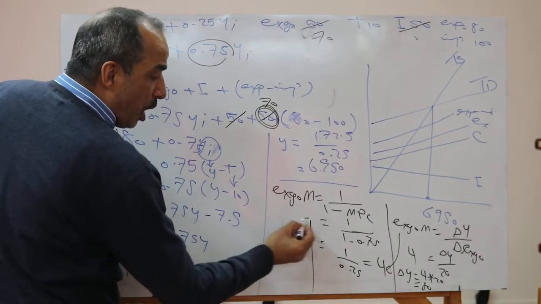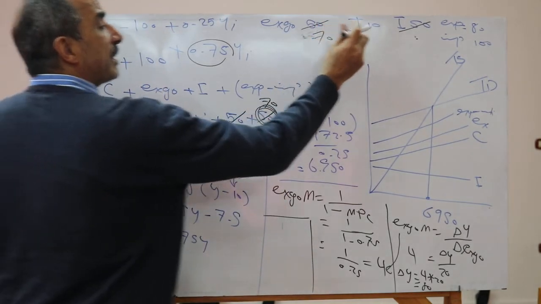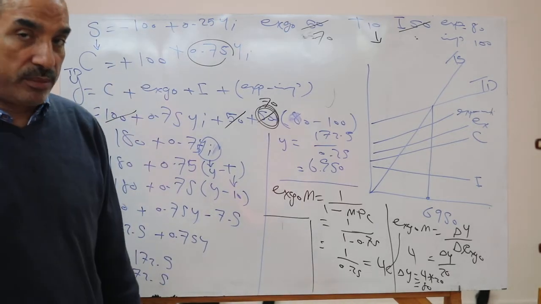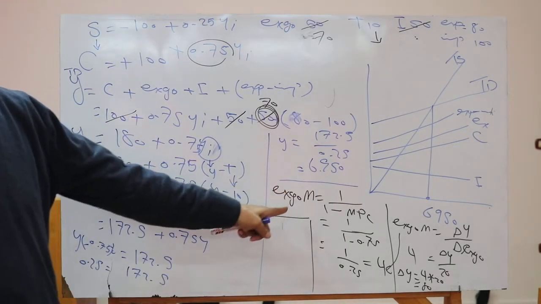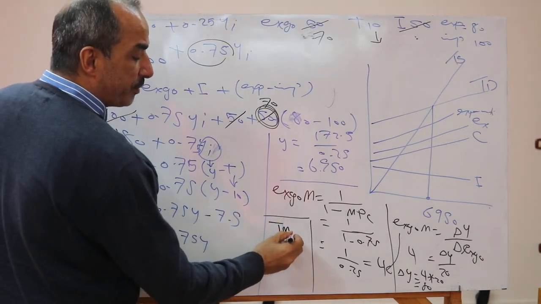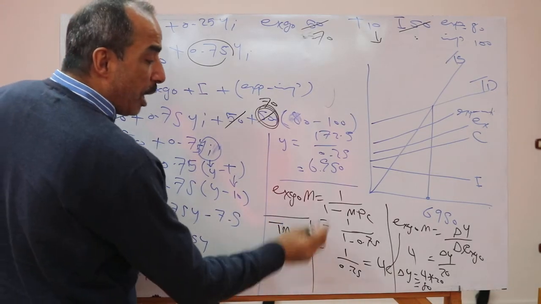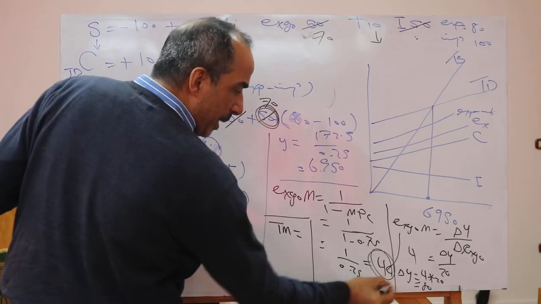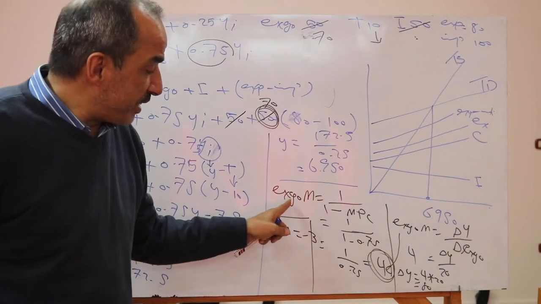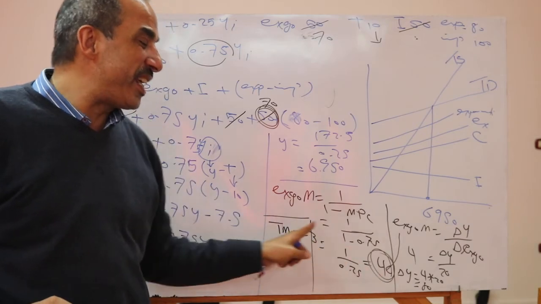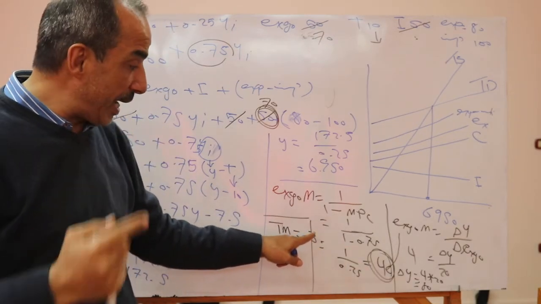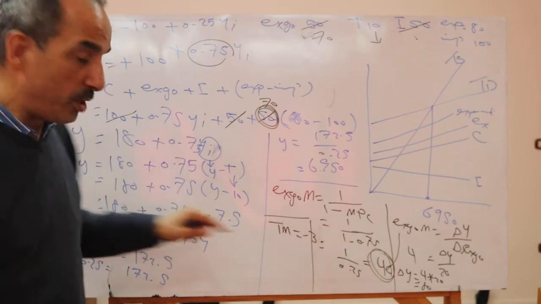Once we want to decrease the taxes by $10 million, now we will find taxes multiplier. Tax multiplier must be equal minus 3. Why? Expenditure government multiplier must be more than tax multiplier by 1 unit and must be negative.